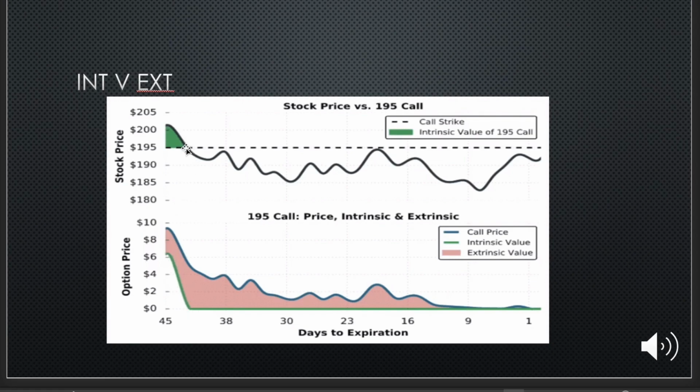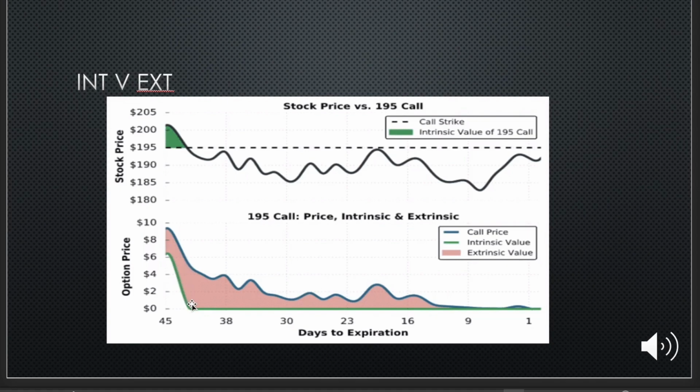Because there is nothing left. Why? Because you have a document that gives you the right to buy at 195, but if you turned around and sold it at market, 195 is all you could get for it. So there is no intrinsic value to having something that lets you sell at 195 if you could just go out and sell it at 195 anyway, right? But there's still value left. So all of this value is extrinsic value.